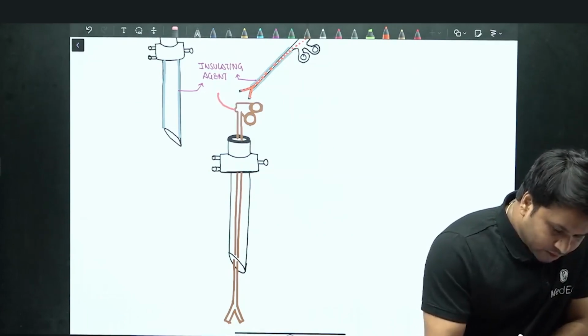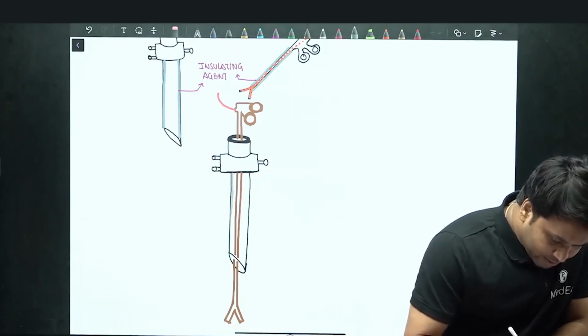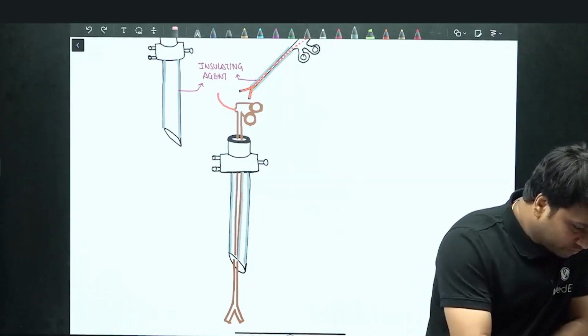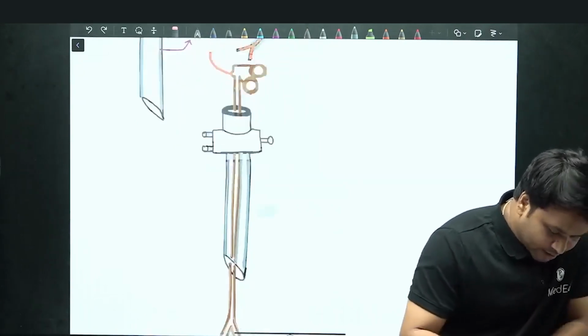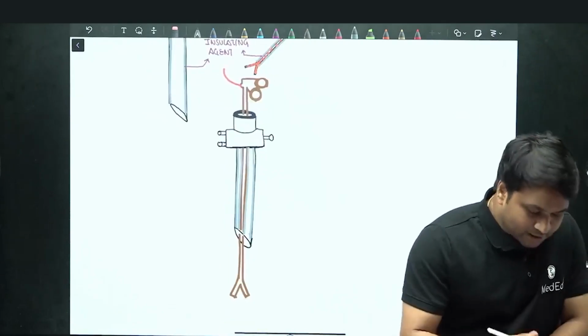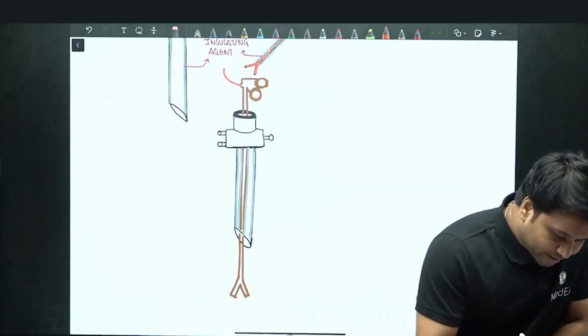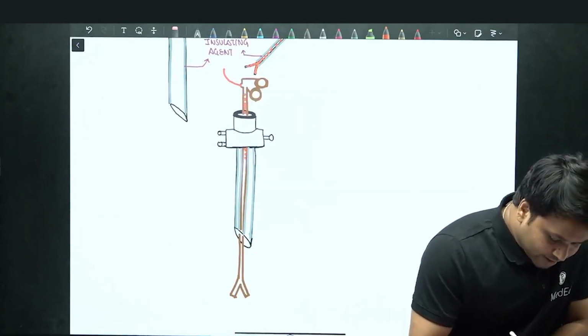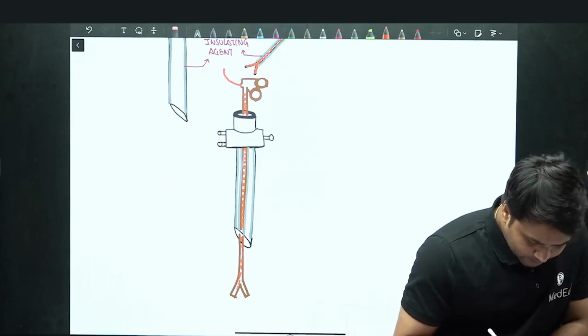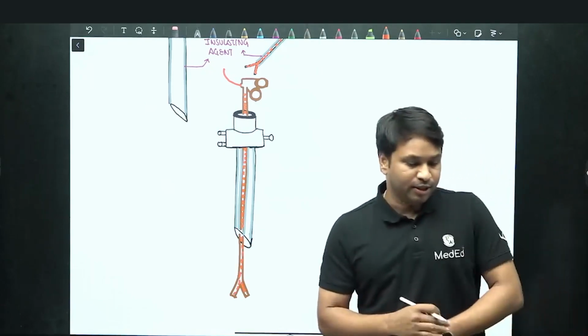Now we know there is an insulating agent present inside the port, and an insulating agent present on the outer surface of the instrument as well. Why this is important is, when you push this electrical component, the electrical impulse flows through the instrument and then touches the tissue.